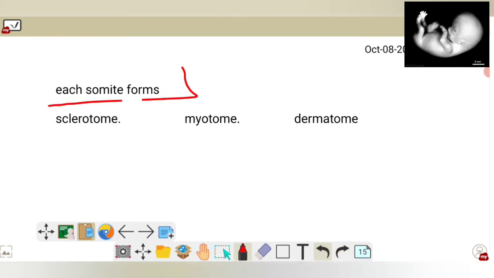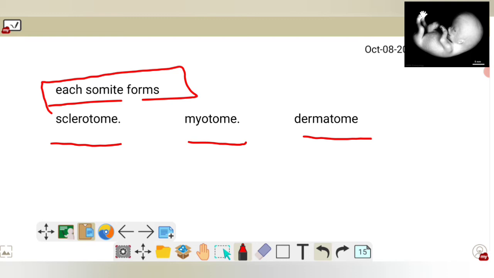Now each somite forms sclerotome, myotome and dermatome. And somite differentiation, how somites differentiate into sclerotome, myotome and dermatome, we will study in another chapter.